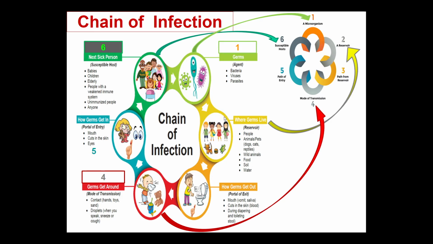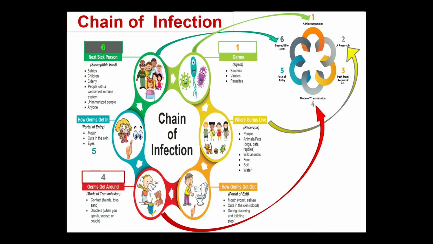Reservoirs for these germs are people, animals, food, soil, water, all the things that may be contaminated by the germs. In our case, most important for us are animals and humans. They may serve as a reservoir of infection.